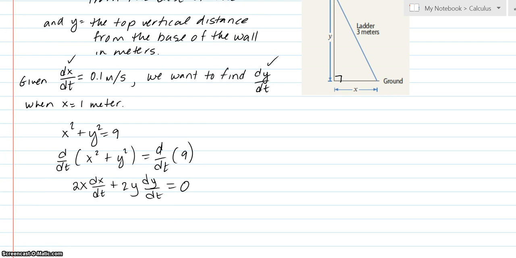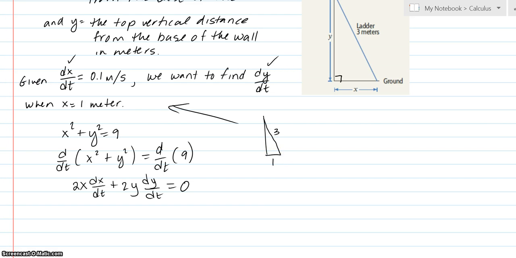Then we can plug in what we have here. We know x is 1, and we know dx/dt. The problem is we do not know y. But at that instant, we can do a little picture of just the moment that x is 1. The ladder is 3, and it's being pulled out, so it's different at different x's as time goes along.